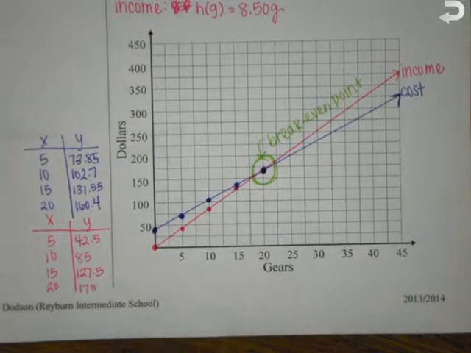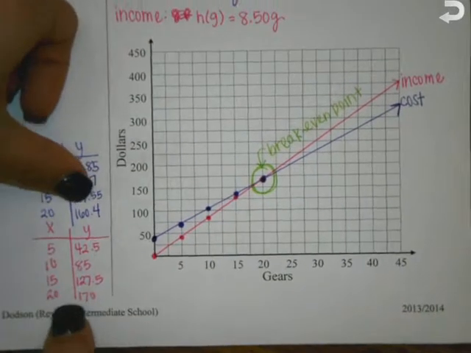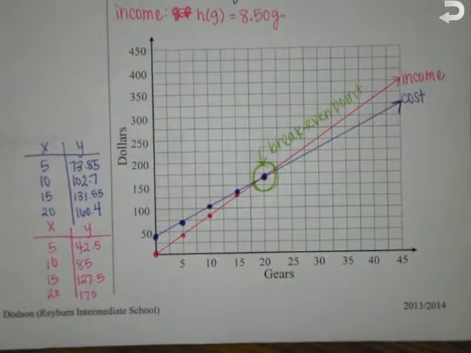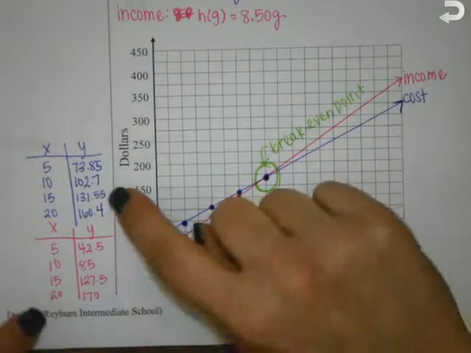Okay, now if you look at our T-charts, were they exactly the same? 160 and 170. Why do you think that is? Yeah, because there actually will be an exact point where they'll be selling and making exactly the same, but why do you think that maybe on our graph it looks like they're exactly the same, but when we plug everything in, it's not?